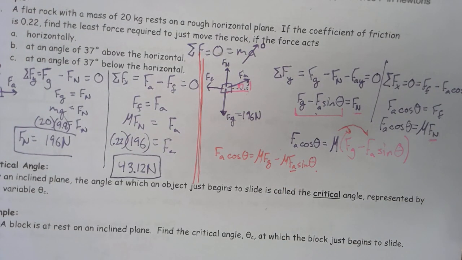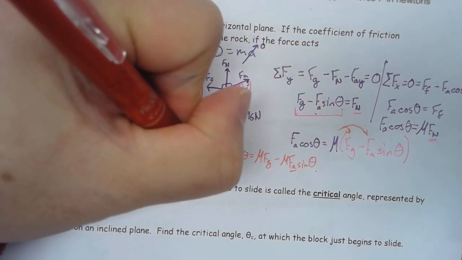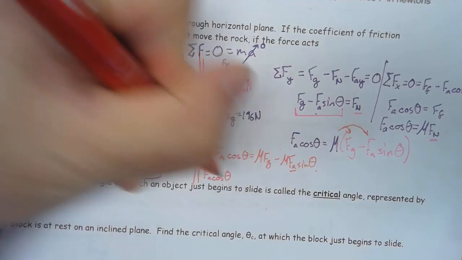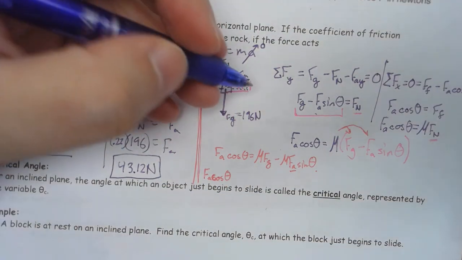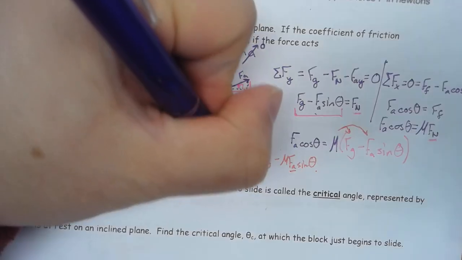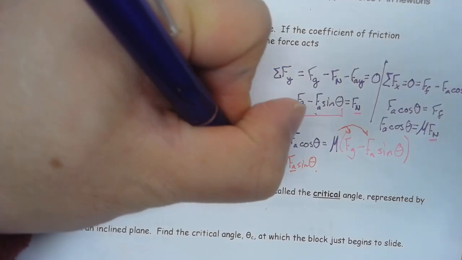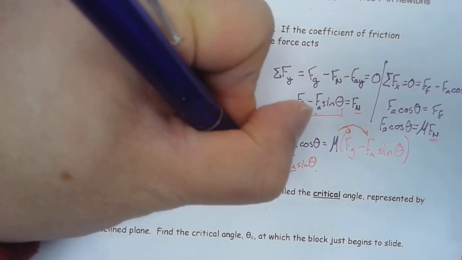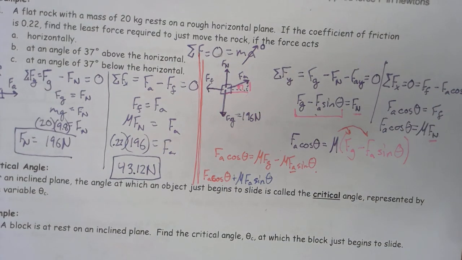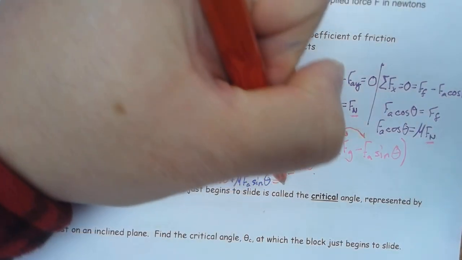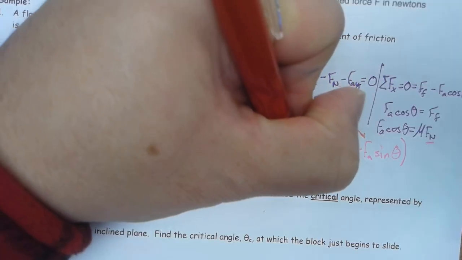We can add it to both sides. So I can say Fa cosine theta plus mu Fa sine theta equals mu Fg.